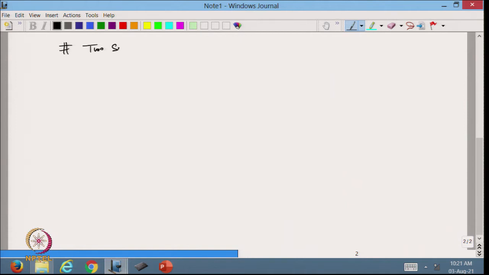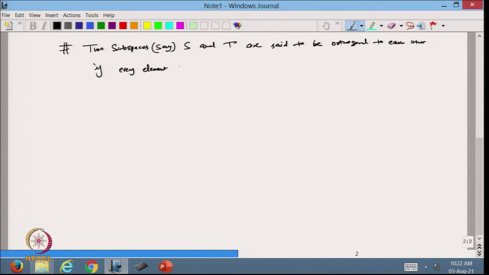Two subspaces, say S and T, are said to be orthogonal to each other if every element of S is orthogonal to every element of T. Then only we can say that these are orthogonal.